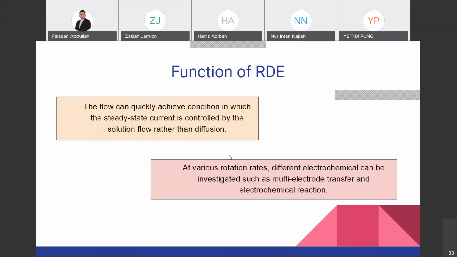Usually for DNA, CLE and SSCC they use diffusion. But here, because we have movement of the flowing solution, it will move and we do not need diffusion. So at various rotation rates, different electrochemical processes can be investigated such as multi-electron transfer and electrochemical reactions.